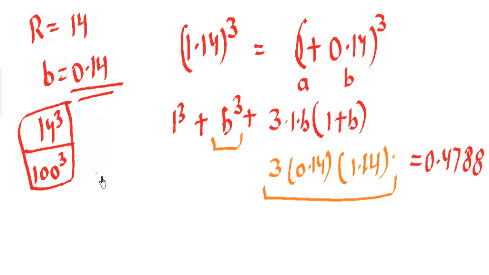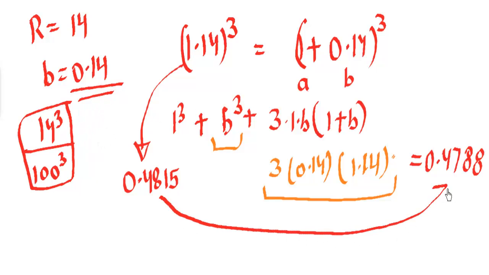If I calculate the cube of 1.14, that is 0.4815. So by missing this b cube without calculating 14 cube, I'm getting a very close answer.